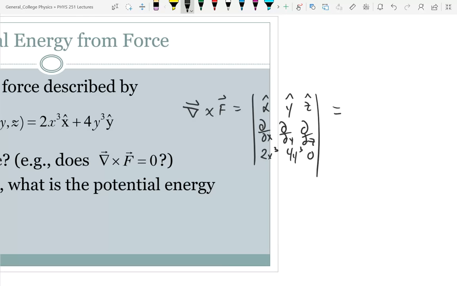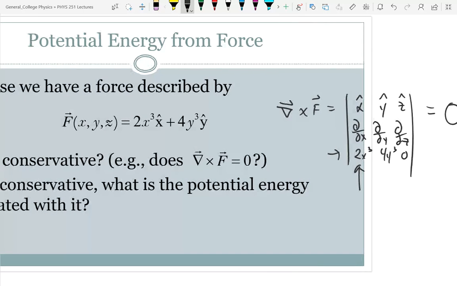If each item in the lowest row here is only a function of its variable, that is, in the x column it's only a function of x, in the y column it's only a function of y, in the z column it's only a function of z, it's going to be conservative. It's going to be conservative because you're going to have a partial derivative with respect to something else of something with x, and so on. So if you have this and this together and none of the other variables, it's always going to be conservative. So that's a quick shortcut.